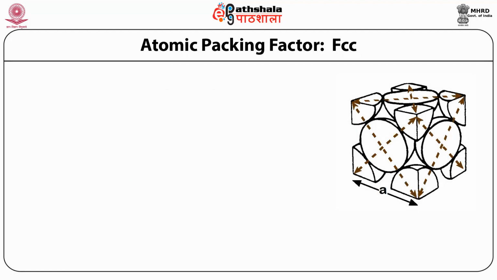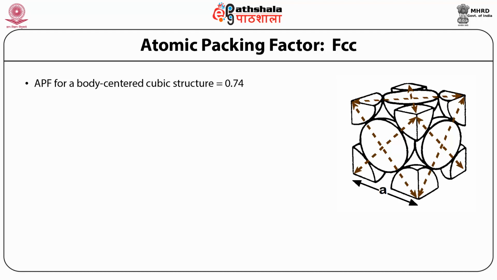Now, let us discuss atomic packing factor for FCC structure, that is face centered cubic structure. Here, we are abbreviating atomic packing factor as APF. So, APF for FCC structure is 0.74.